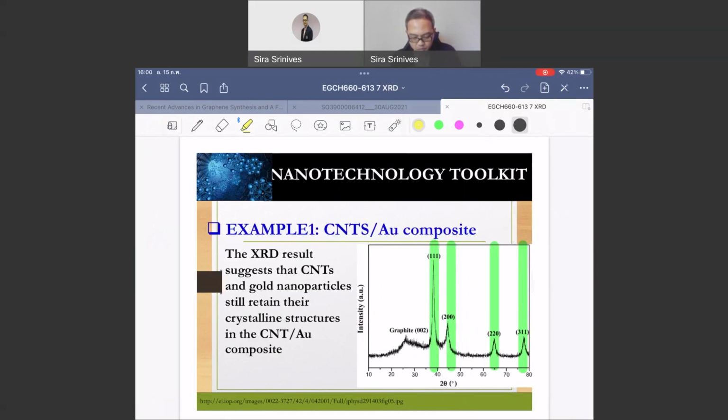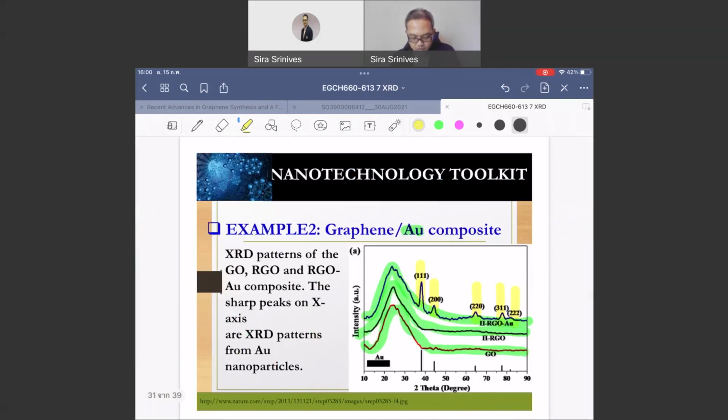So 111, 200, 220, and 311. I would say this one sees more of the peaks than the other. He sees the 222 plane, but the signal is rather small as compared to the others.